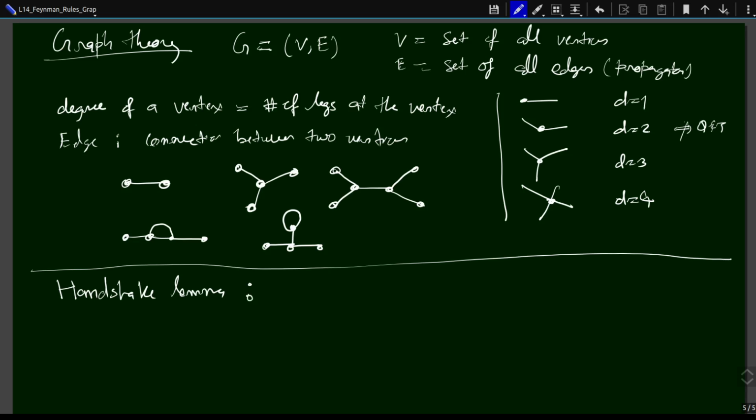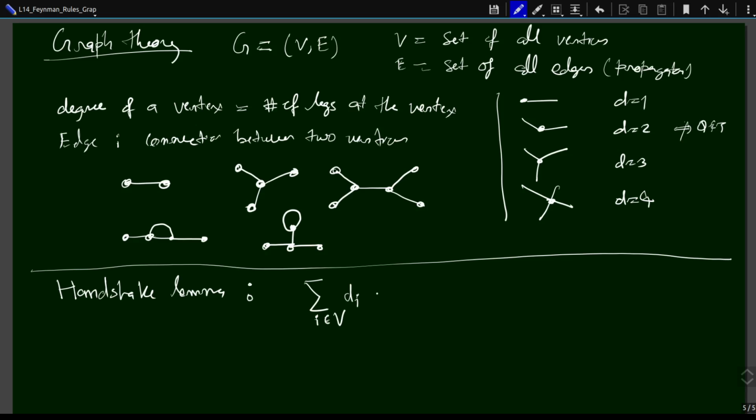Look at all the vertices, all the V, an element of the set V, and look at the degree of V. Maybe I'm overusing the letter V, so let me write it with index I. So I runs over the vertices, and d_I is the degree of that vertex.